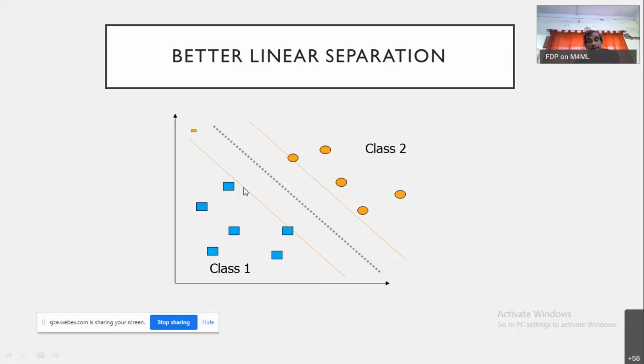Now, how do you do this? That's what is the mathematics, and that's what is support vector machine. So this dotted line is the classifier, which is equidistant from these two lines, these two classes, or boundary points of these two classes, or basically this point and this point. They are called support vectors. They are supporting these vectors.